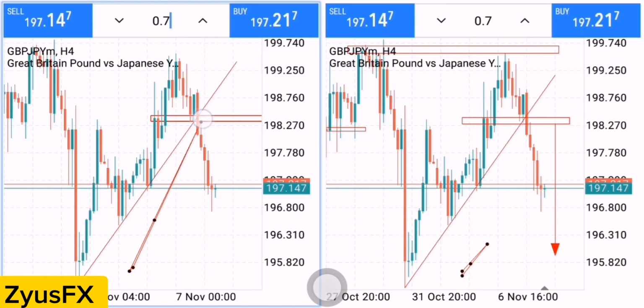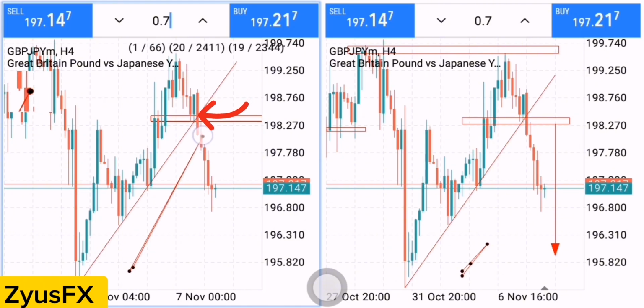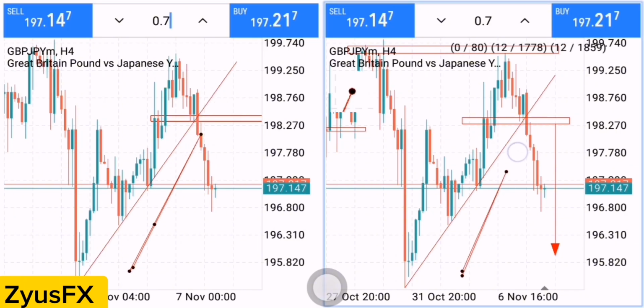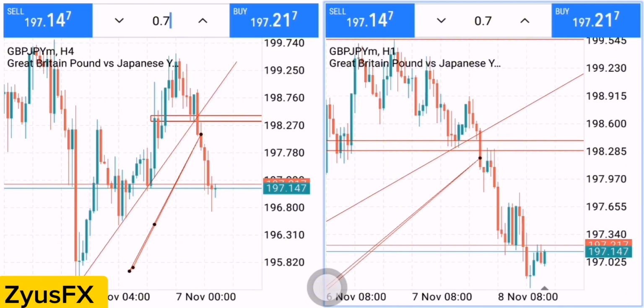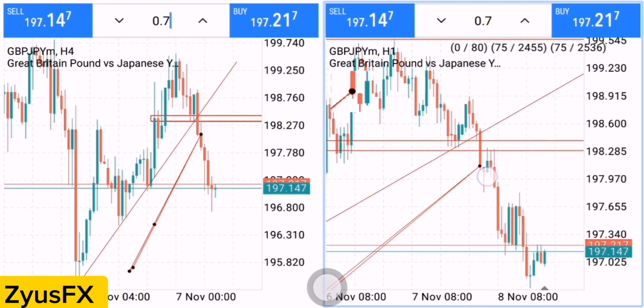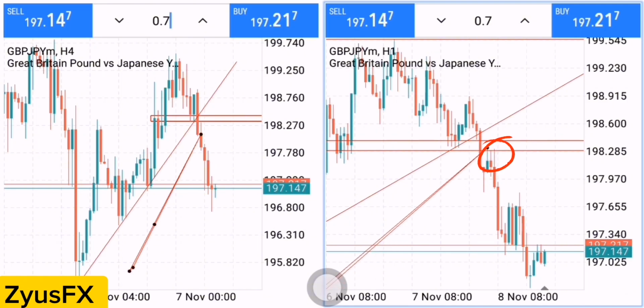After the 4-hour candle closes, which is this candle closing strongly, let's scale down to the 1-hour time frame to see. This was the 4-hour candle that closed below, and after the close, what do we see next? Price pulled back to that area for a retest.